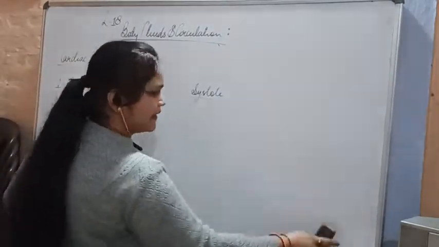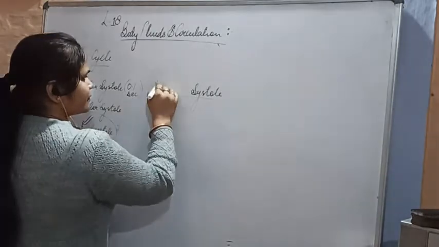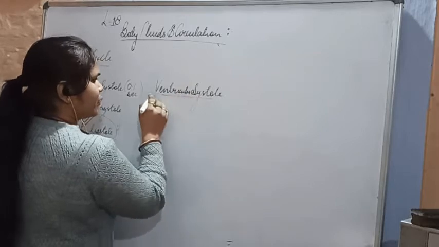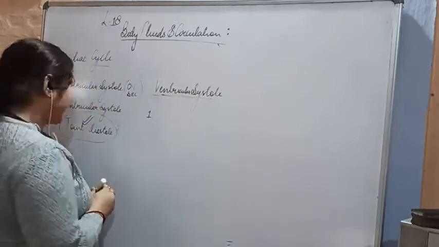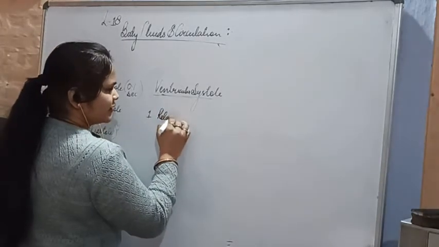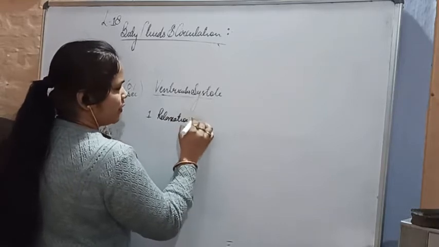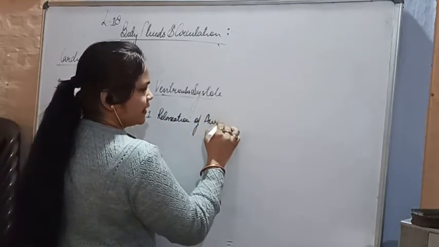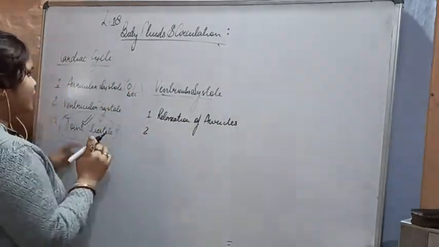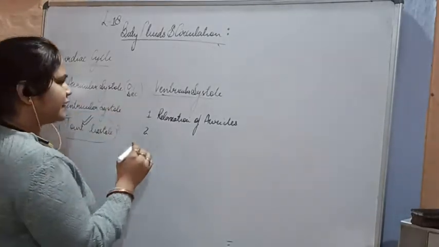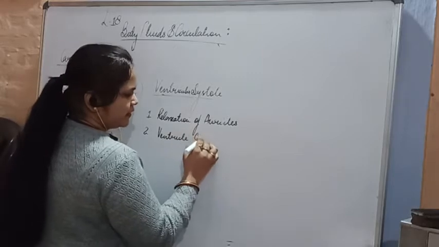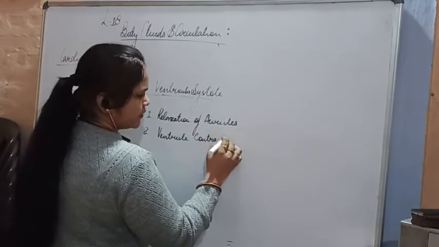Now what happens in the ventricular systole? The first thing that occurs is the relaxation of the auricles. The auricles will be in the relaxed state. Point to be remembered. Then, as and when the auricular systole finishes, the ventricles contract.